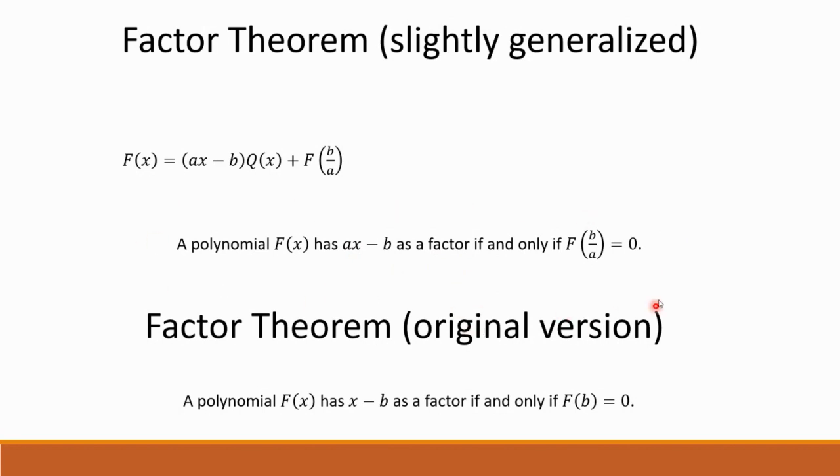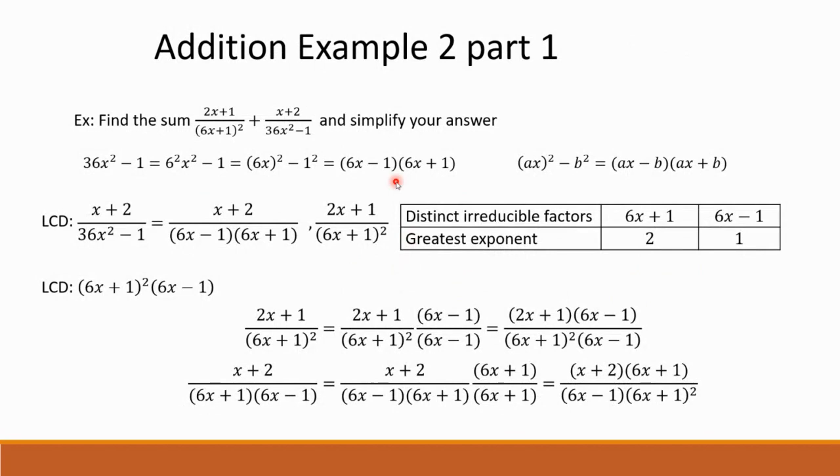Okay, so we have this factor theorem, which is also really good, and we can use it, as you'll see today. Remember, we were in this example last time. Now, if I remember correctly, what we got up to was the LCD, right? We got the LCD to be this thing. Okay, so we know that's the LCD.